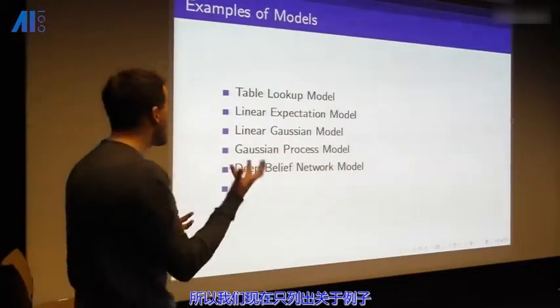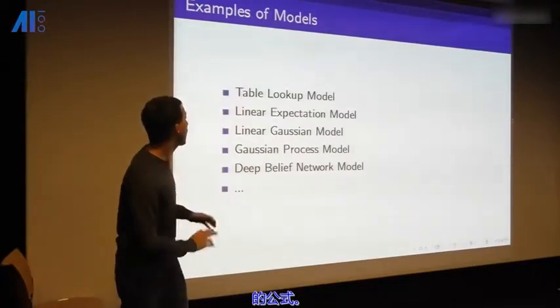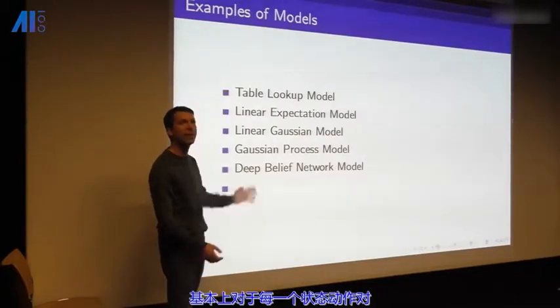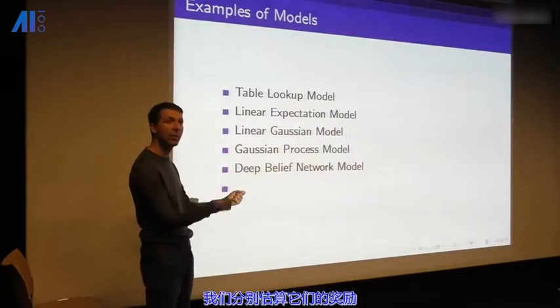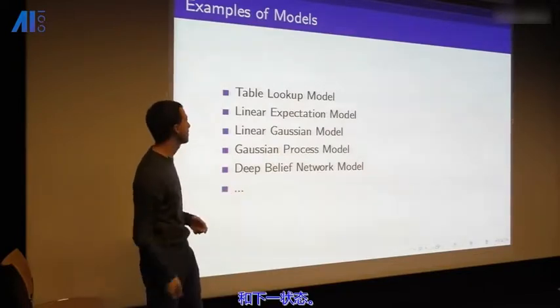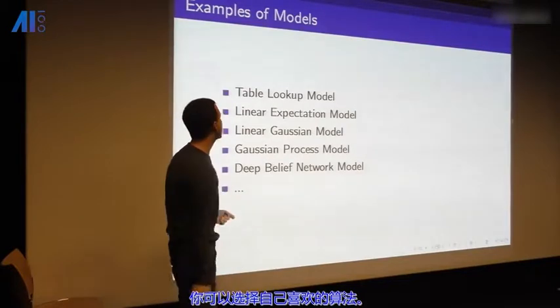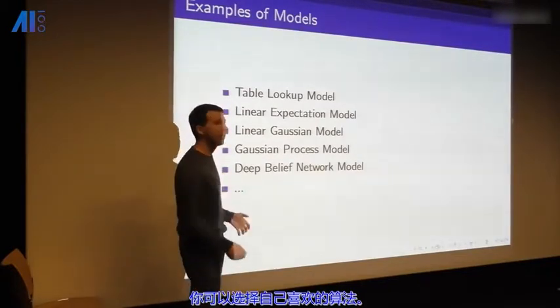So let's just make this concrete by thinking about examples. I will talk about the simplest possible case in the coming slides, which is the table lookup model, where basically for every state action pair we estimate the reward and the next state separately. In general, of course, this doesn't scale, and it's usually a bad idea, so you can pick your favorite approach.